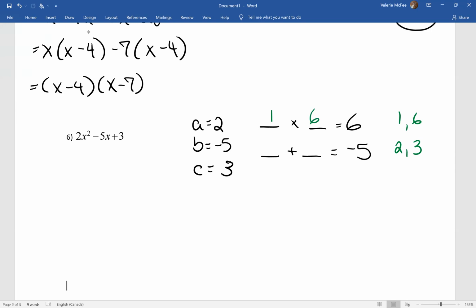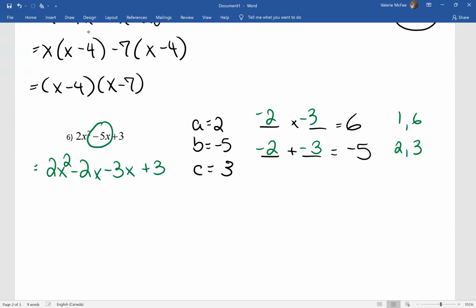Is it 1 and 6? Nope, doesn't work. Have to use 2 and 3. Make them both negative. Using those two numbers, negative 2 and negative 3, to rewrite the middle term.